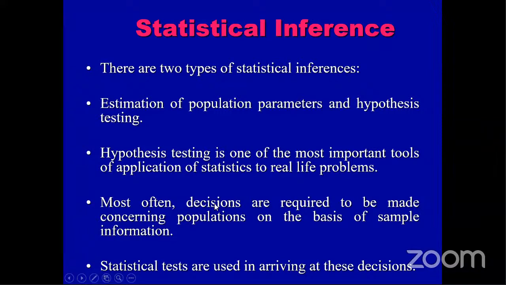Decisions are required to be made concerning a population. Means if we want to study any particular population, you need to take a decision. You want to check the differences between different populations and different treatment groups. If you consider any medical example also, you can go for analyzing the test.